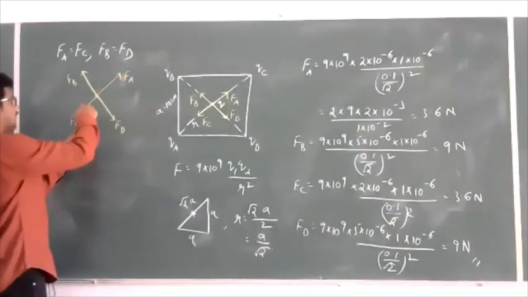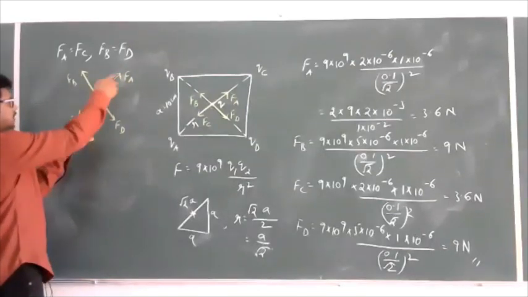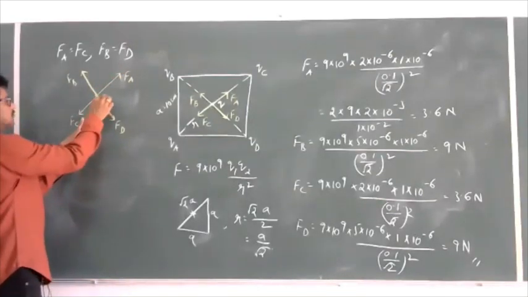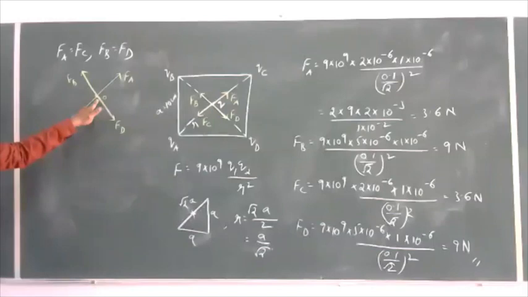These two are acting in opposite direction, and moreover FA is equal to FC. Then what is the net force acting at O due to these two? 0, because FA is equal to FC and they act in opposite directions.